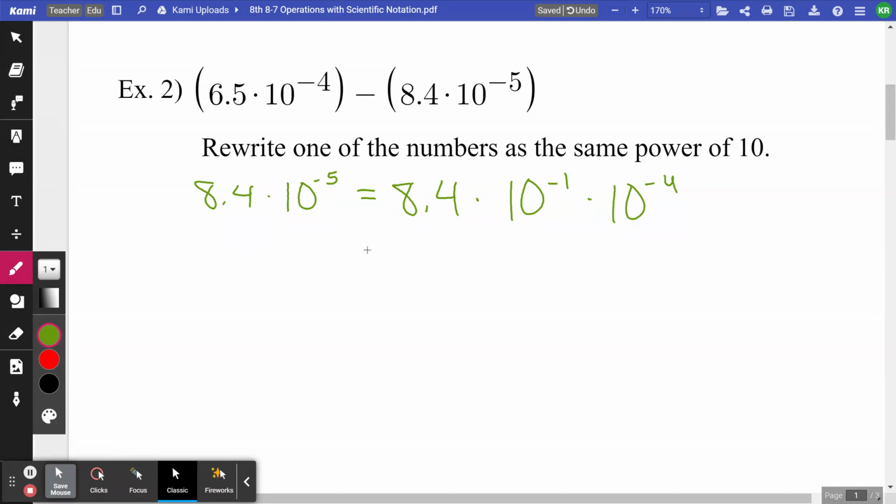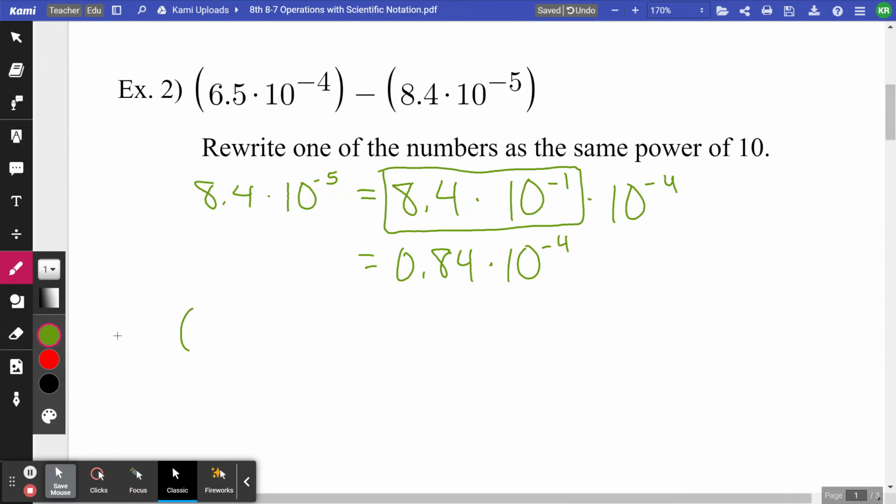Now we're going to do this part of the multiplication so that we end up with 0.84 times 10 to the negative fourth. And now we put that back into the problem. We rewrite the problem: 6.5 times 10 to the negative fourth minus 0.84 times 10 to the negative fourth.